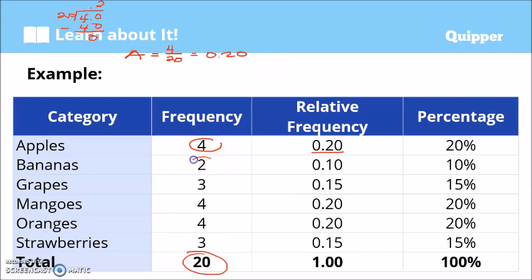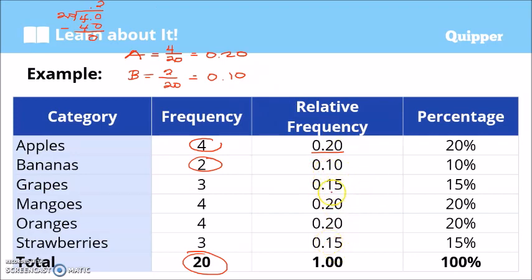And then for bananas, we have 2 divided by 20. Always it divides sa total frequency. So that is 2 divided by 20. And so that is 0.10 or 0.1. Okay? Ma'am, pwede bang 0.1 na lang ilagay? Pwede rin naman. Kaya lang, we have 0.15.